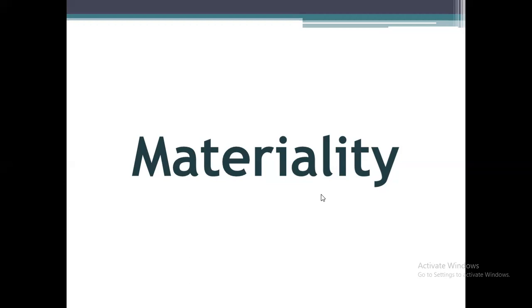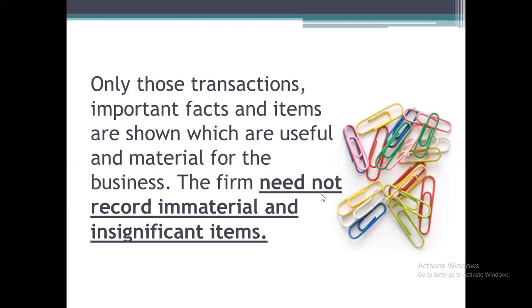So this concept or convention says you need to record all the transactions, you need to give the facts, you need to put all the things which are material in nature, right? And you can avoid, when I say all the important things, significant things to be furnished or shown in your books or in the financials.